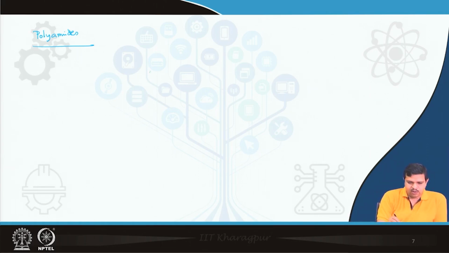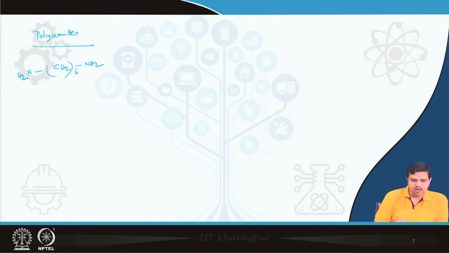Do you know the chemical structure of the polyamide, nylon 66? What are the monomers? Let us try to understand. A simple diamine: here (CH2)6, and here NH2, here NH2.